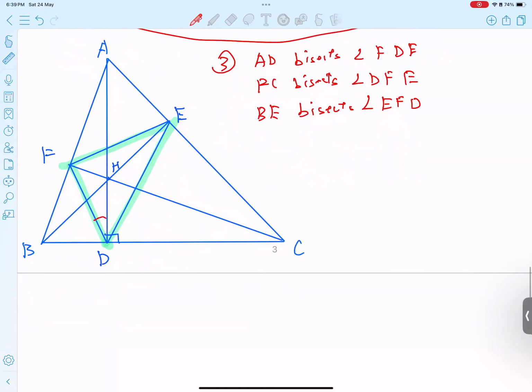And this is pretty easy to see as well. You simply notice FHDB is cyclic. That would give angle FDH equals angle HBF.